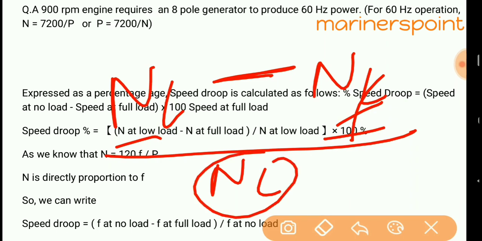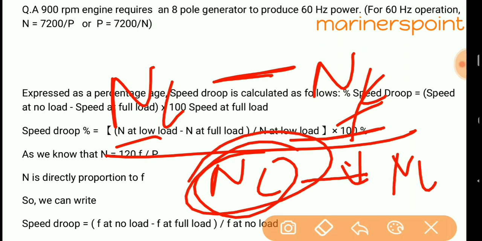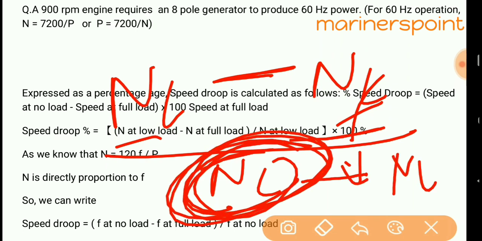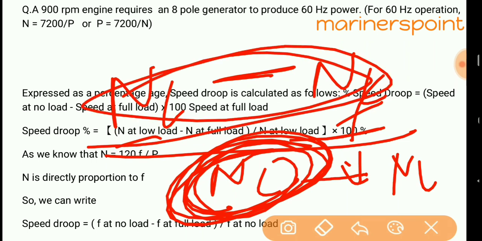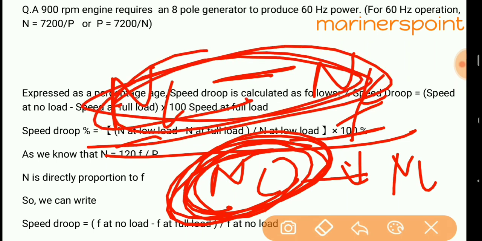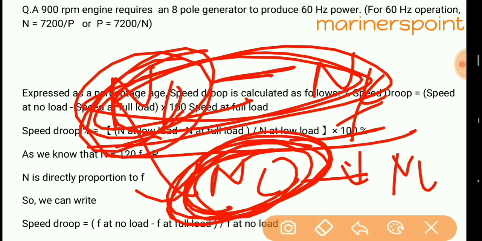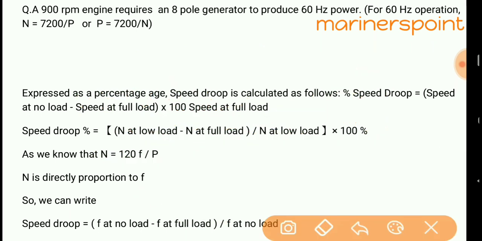If you increase the load, then speed starts decreasing from no load to full load. Then our base is no load, so it will be in the denominator. You understand this minus sign, same like profit and loss.